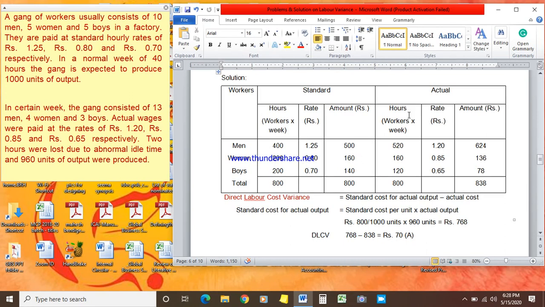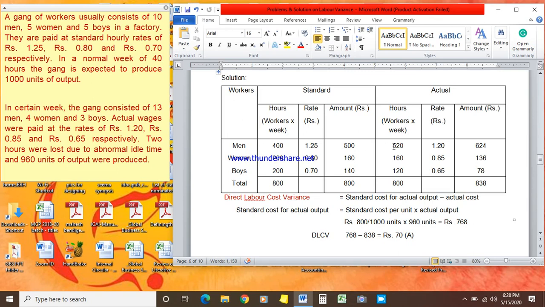Similarly, what is the actual number of hours they have worked? There are 13 men, 4 women, and 3 boys. They are also expected to work in the factory for 40 hours, because a week is 40 hours.